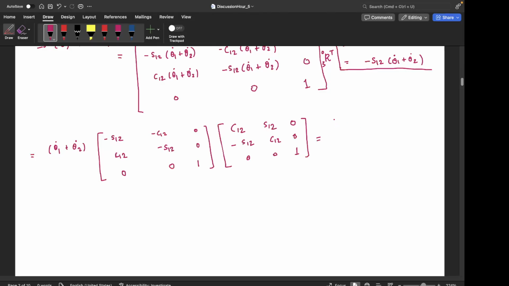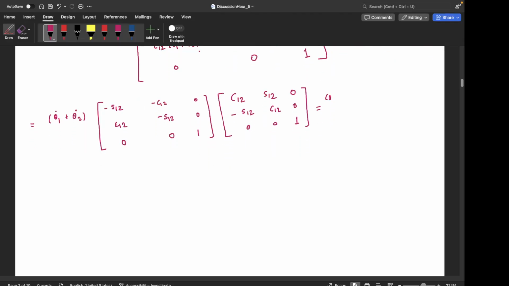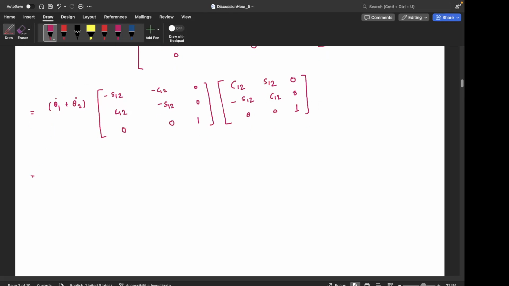So this gives us, let me write it here, theta 1 dot plus theta 2 dot, and let's multiply.